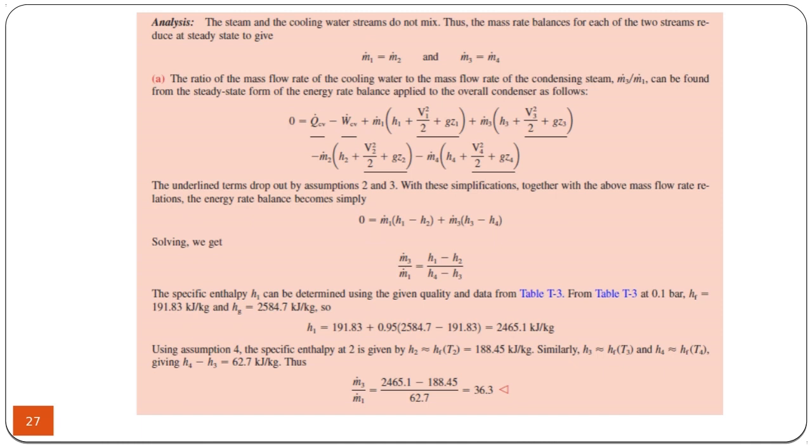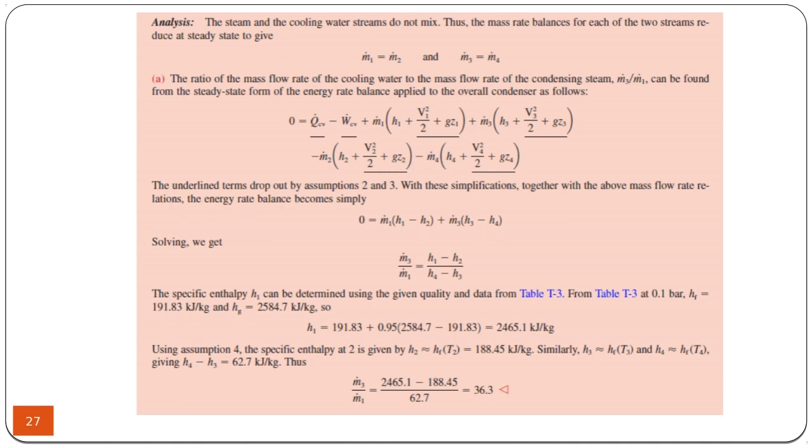So the left-hand side is 0 because it's a steady-state system. QCV, the net Q in the CV, the net work in the CV, the total energy carried by the steam into the control volume, the net energy carried by the cooling water into the control volume, the net energy carried from the system in the steam part, and the net energy carried from the cooling water from the steam part.